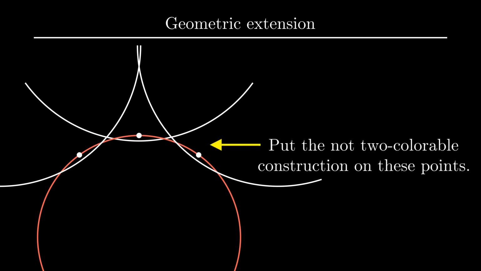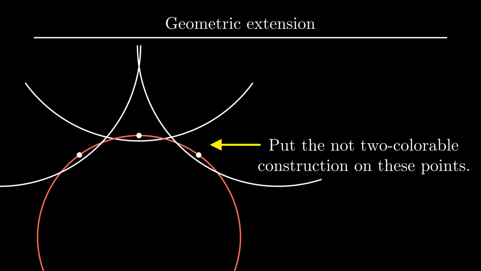Using our previous construction, we can now add a non-two-colorable m-uniform hypergraph on these vertices, or at least very close to them, such that the disks are very close to this red circle. So these points and disks will not interfere with the rest of the hypergraph.